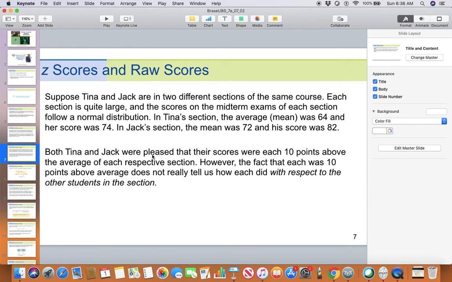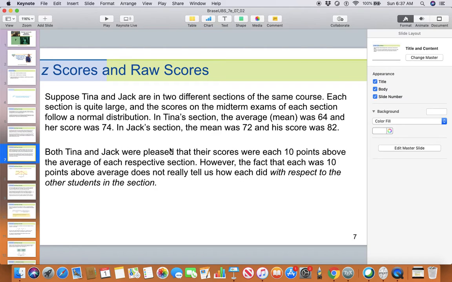Both Tina and Jack were pleased that their scores were each 10 points above the average of each respective section. However, the fact that each was 10 points above the average does not really tell us how each did with respect to other students in this section.